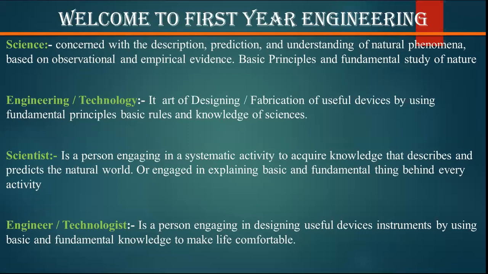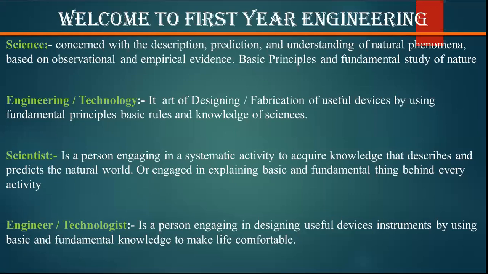A mechanical engineer designs different types of automobiles and vehicles, or products for production purposes. So an engineer designs useful devices and instruments, using basic and fundamental knowledge to make life comfortable.